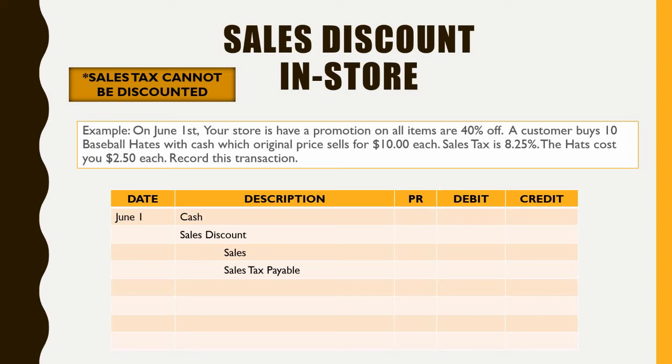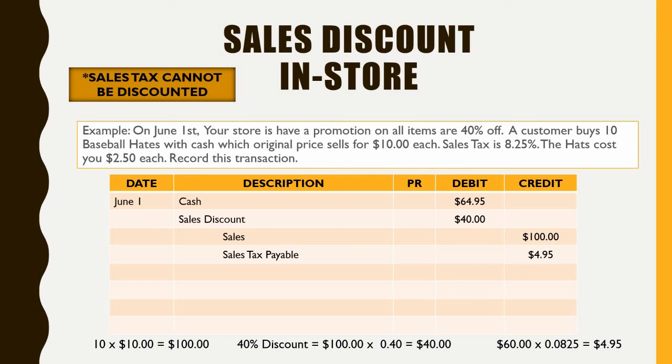So first off, we sold 10 baseball hats at $10 each. So that's $100, right? But since the discount is going to be 40% off of everything, that means we're going to take $40 off of the actual sales price, leaving it to be remaining at $60, okay?